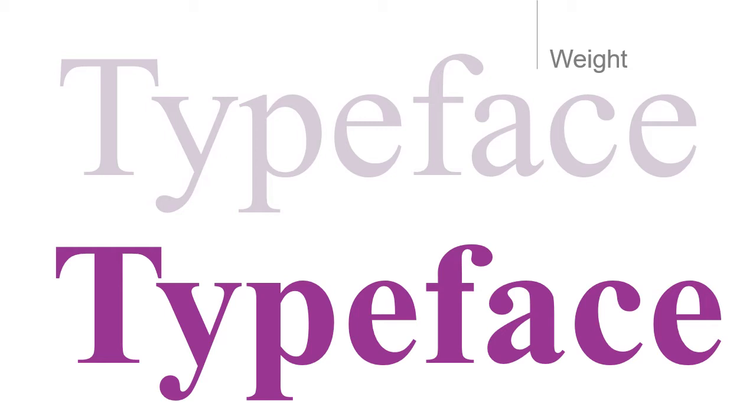That could be a bold or an ultra bold or a mega bold. There's lots of different names associated with the various weights of a font. And if you want something a little bit lighter in weight than your regular, then you get into your lights, your thins, ultra thins, those sorts of weights.